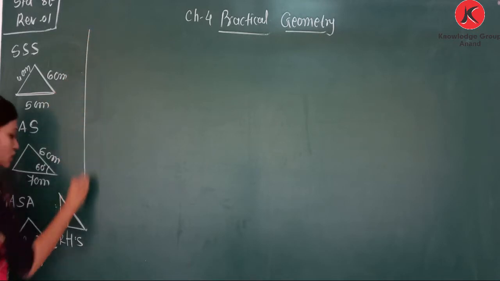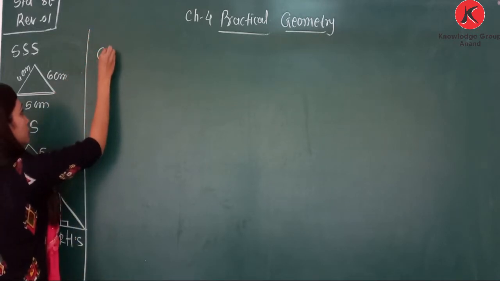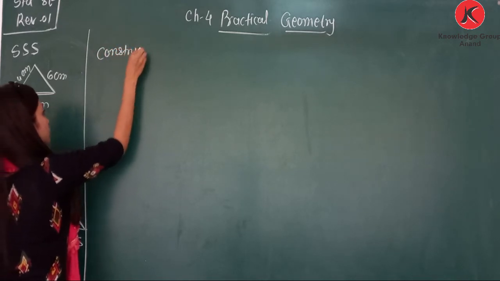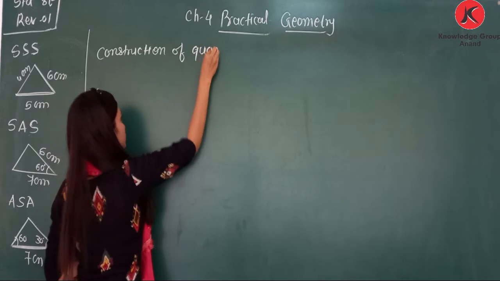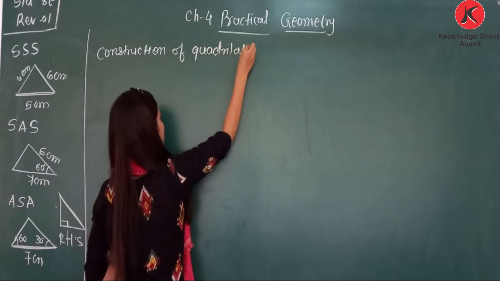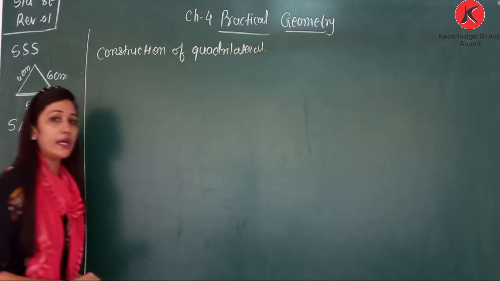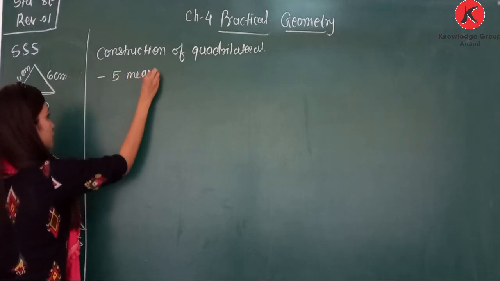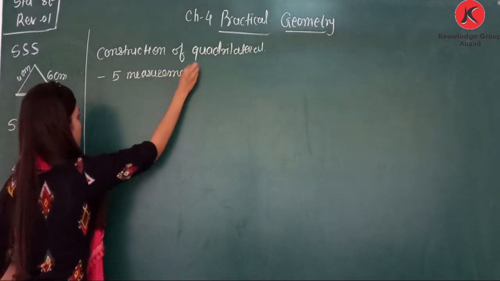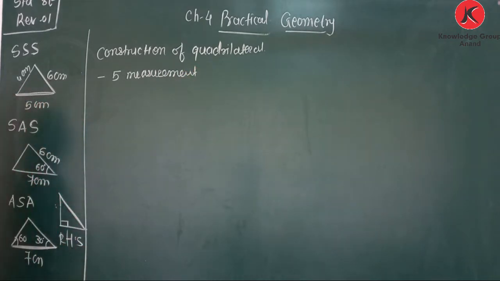Now for a construction of quadrilateral, we need at least 5 measurements. It can be angle, it can be side, or it can be diagonal.